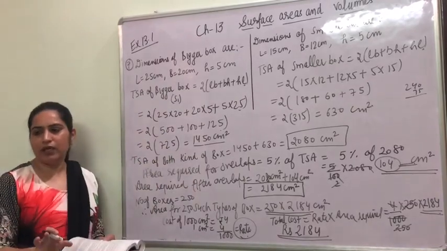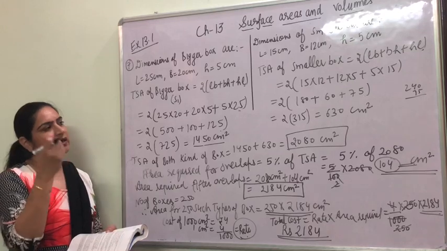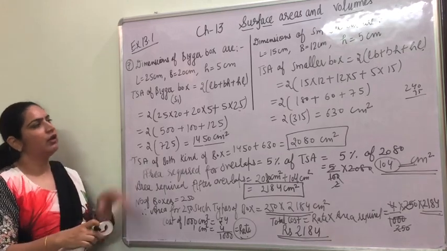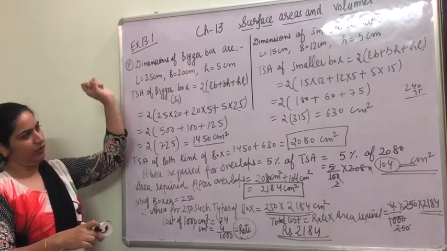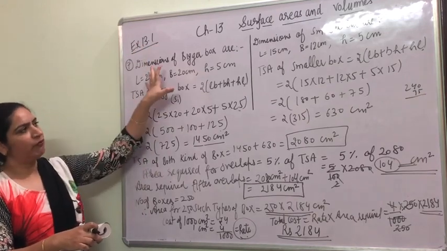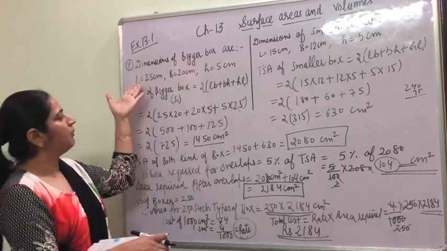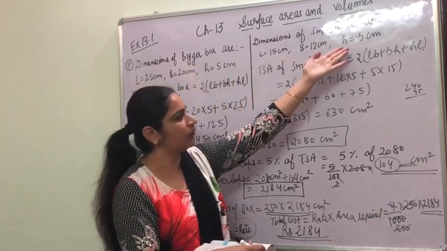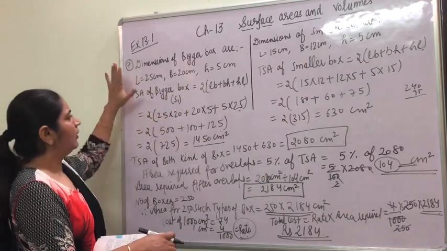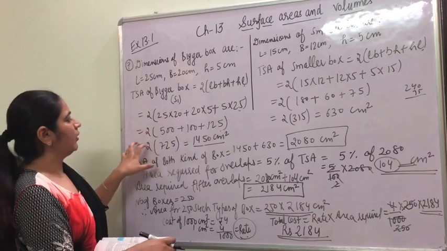Question is lengthy, but question is very easy. Again we are revising how we have done the question. This is from real life. Question is of a sweet shop. For packing the sweets, two types of boxes are required, bigger one and the smaller one. Dimensions of the bigger one are given, dimensions of the smaller one are given. We have to find total surface area of the bigger box. We applied the formula and found the value.